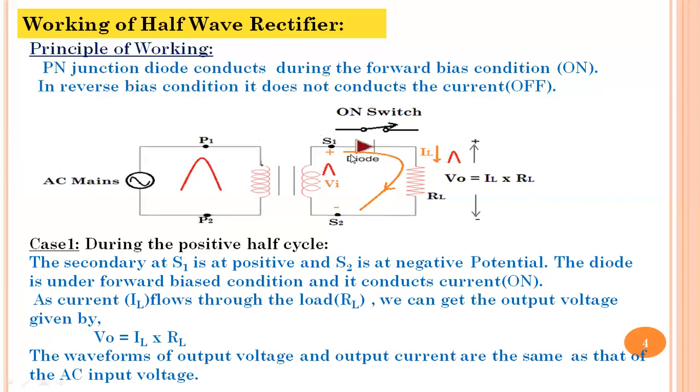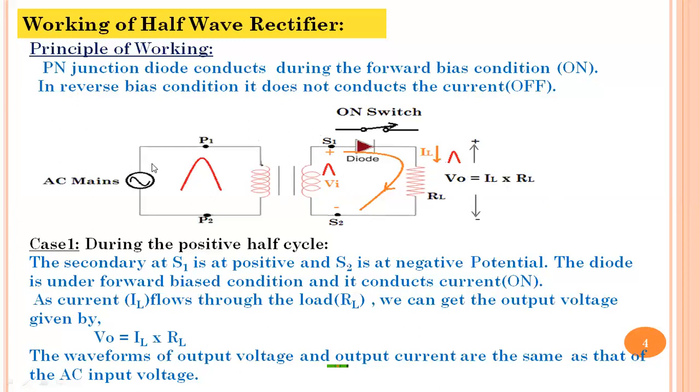So as current flows through the diode, the same current also flows through the load RL that we have connected at the output. So, assuming current IL flows through RL, we can get the voltage at the output as IL into RL. So whatever voltage is present during the positive half cycle across S1 and S2 as an input to the rectifier, the same voltage is brought to the output as rectified output during the positive half cycle.